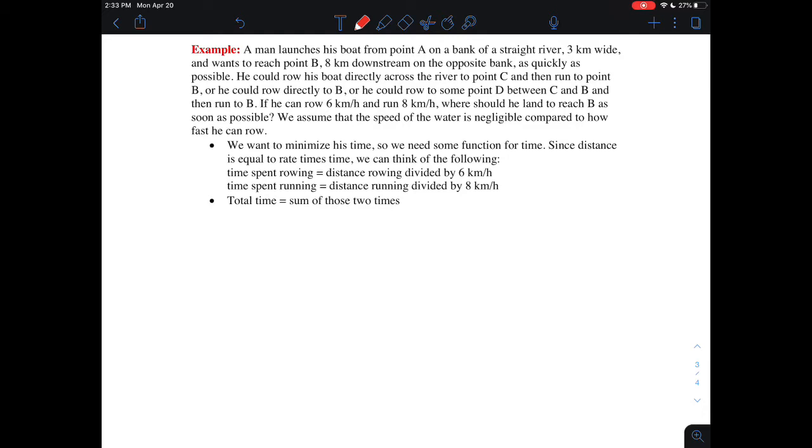He could row his boat directly across the river to point C and then run to point B, or he could row directly to B, or he could row to some point D between C and B and then run to B. If he can row 6 kilometers per hour and run 8 kilometers per hour, where should he land to reach B as soon as possible? We assume that the speed of the water is negligible compared to how fast he can row.